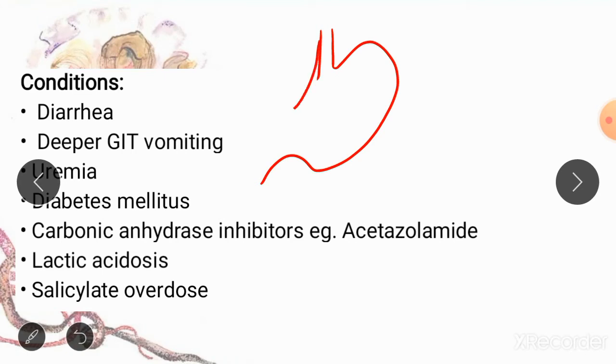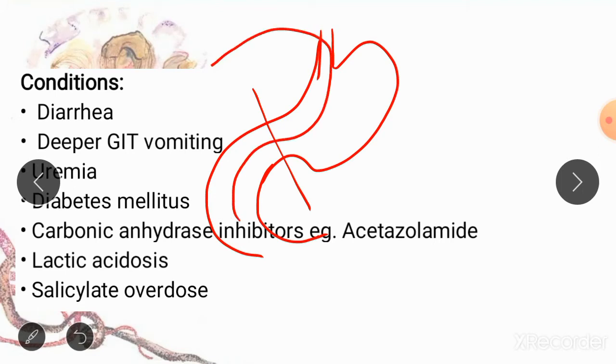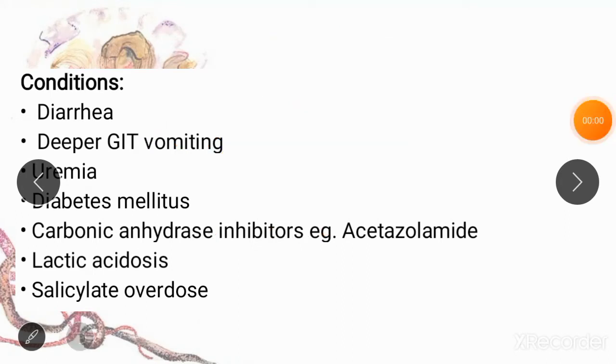But if you have deep GIT vomiting, which means that the contents are beyond your stomach, from your duodenum and other parts of your small intestine, so remember that in your duodenum large quantities of bicarb are being added by your pancreas and by your gallbladder, and when you have deep GIT vomiting, this is going to result in metabolic acidosis.